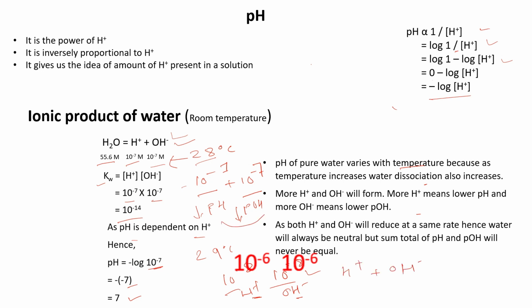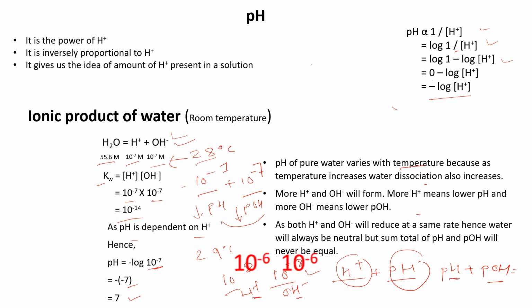So as we increase the temperature, the dissociation will increase. That means we'll get more H plus and more OH minus. So when we sum total pH and pOH, they won't be equal at all temperatures, but water will be neutral at all temperatures because this pH and this pOH change at the same rate.